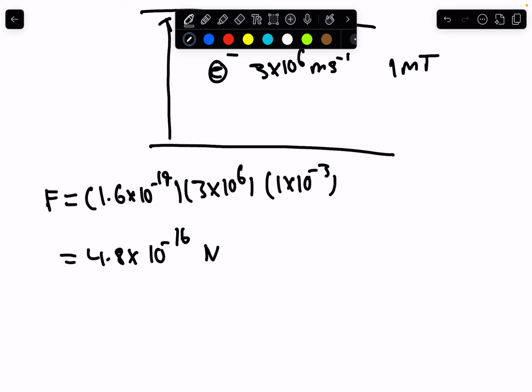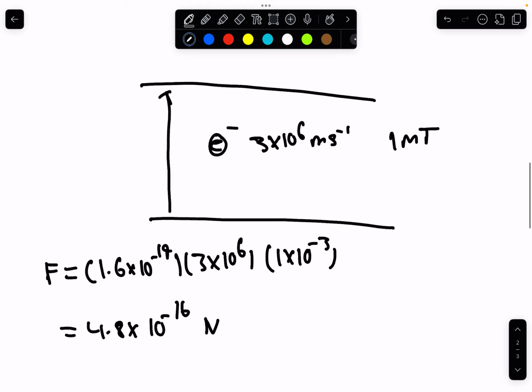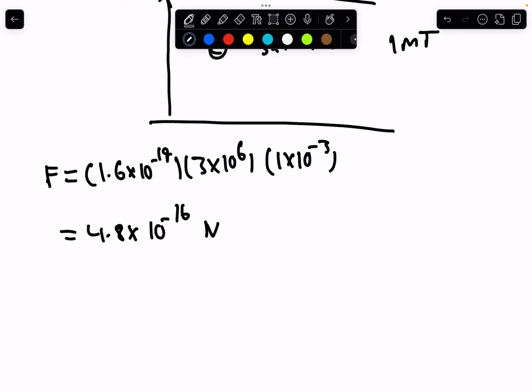There is also another force that describes the movement of current in a magnetic field. Current is simply the flow of charge, but it's mostly electrons.